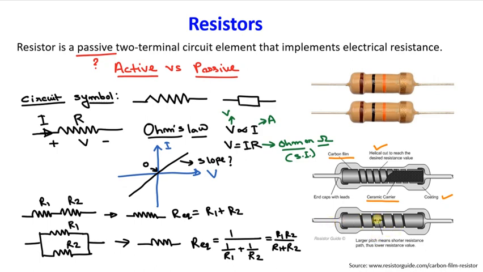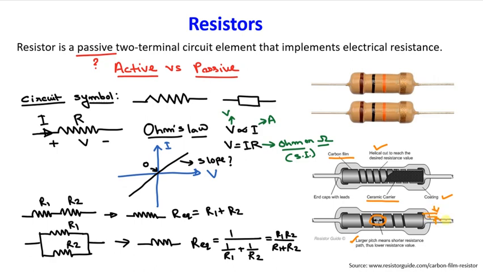And the particular width of this helical cut will determine the value of resistance of this resistor. The larger the pitch, the smaller the resistance will be.